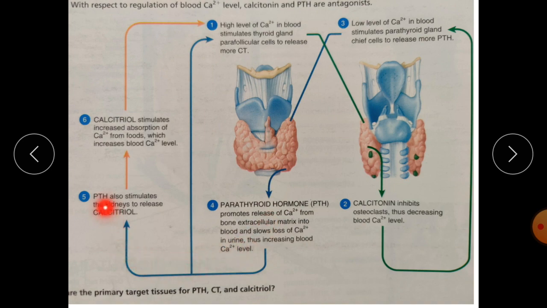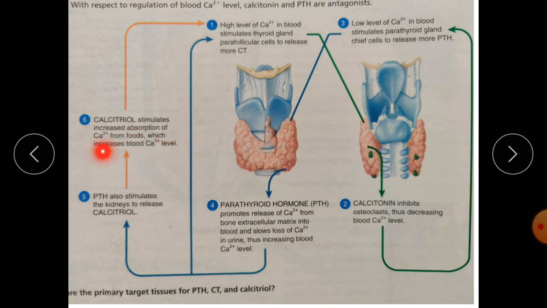And after that the PTH also stimulates the kidneys to release calcitriol. And what is this calcitriol? It is the activated form of vitamin D3, and what is its role? It stimulates increased absorption of calcium from the food, from the intestine, especially the small intestine.